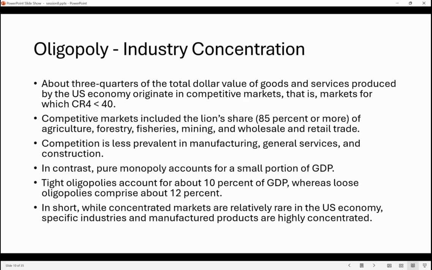So about 10% of US GDP is oligopoly, and just a very, very small percentage of GDP is produced under monopoly, right? So these numbers are telling us that the US economy is kind of less concentrated, right? Because the majority of the US GDP is produced under perfect competition and then oligopoly, and a very, very small share of GDP is produced under monopoly.